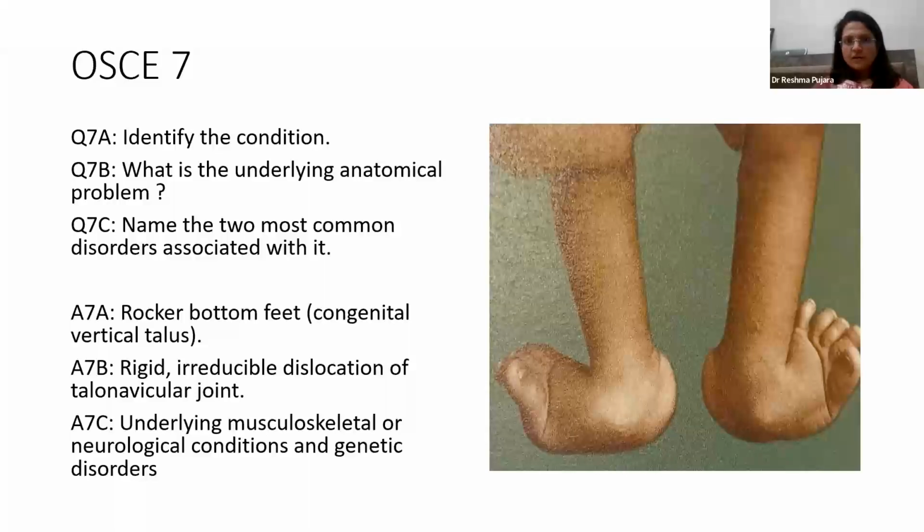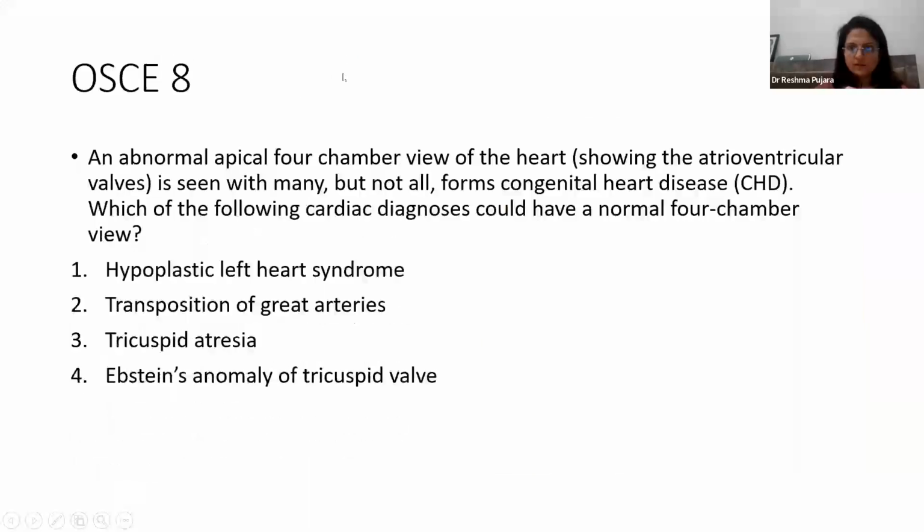There's a joint between those bones, and that joint is actually dislocated, and that gives rise to this deformity. Edward and Patau are the most common underlying conditions, but it is also present in certain neuromuscular conditions like spina bifida or myelomeningocele. Okay, so we'll move on to the next question.